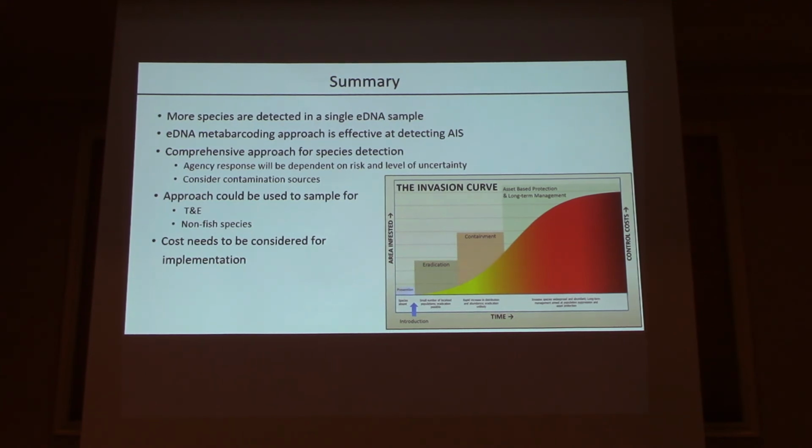It's something that can complement a traditional gear approach, and that they should be used in a comprehensive effort to sample for rare species, whether that's invasive species or threatened and endangered species from the context of fish, or we've actually started to expand this to non-fish taxa as well.